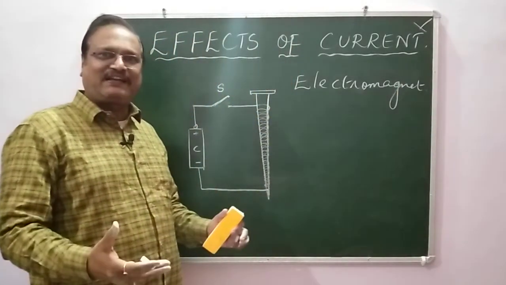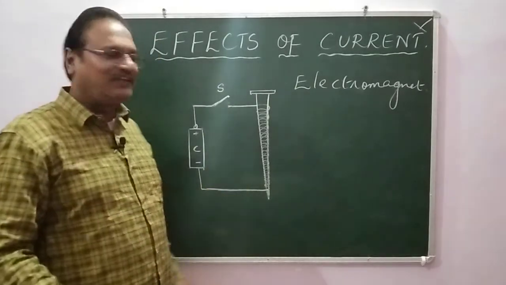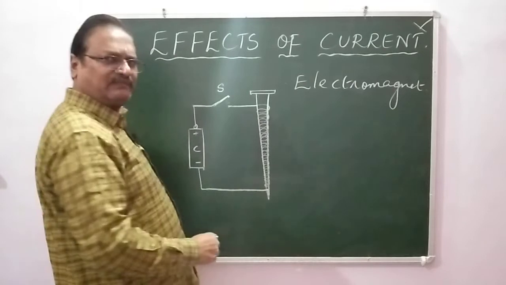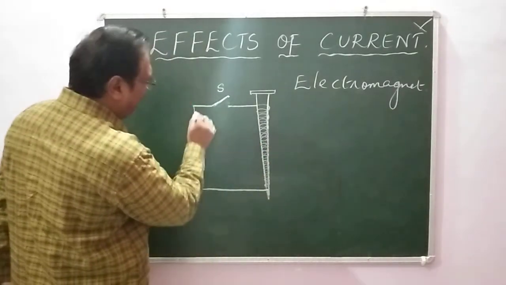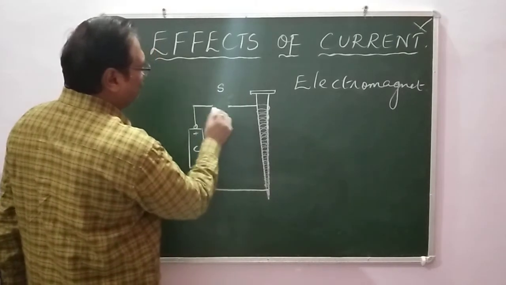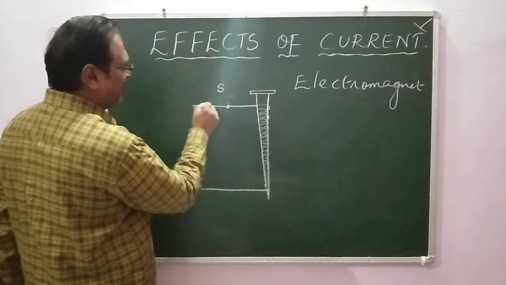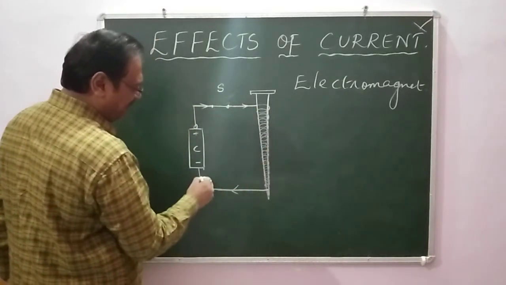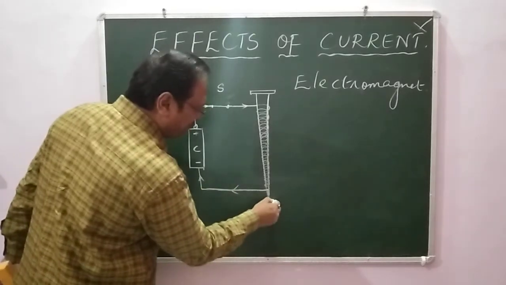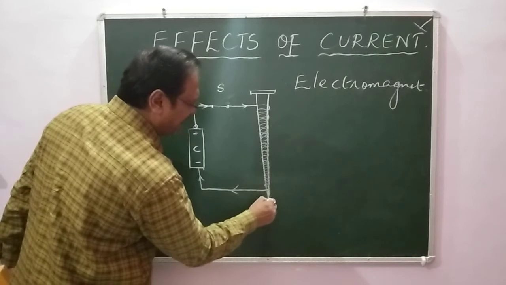Electricity, magnet. It becomes a magnet because of electricity. This is an iron nail. It will not attract anything. Now, when you allow electricity, you close the circuit, then current is flowing. And now when I bring small thin pins, the pins will get attracted.